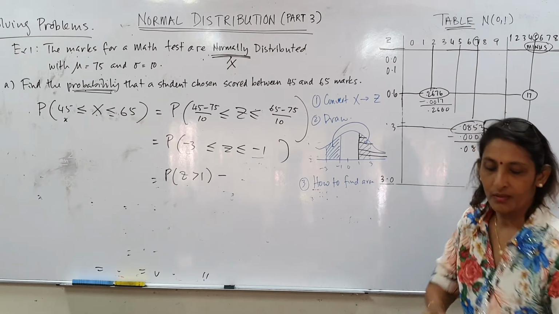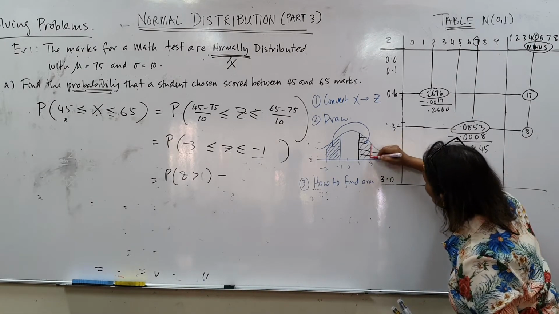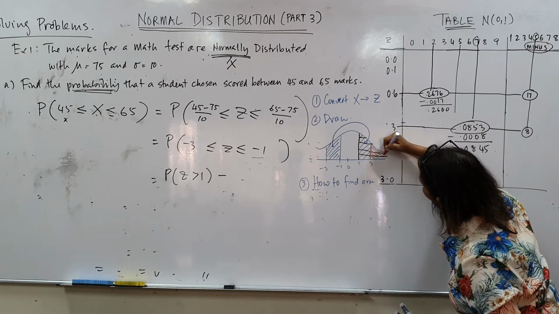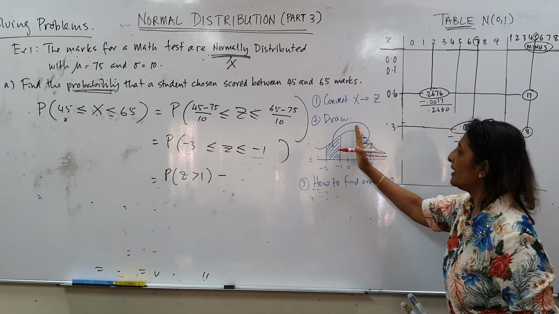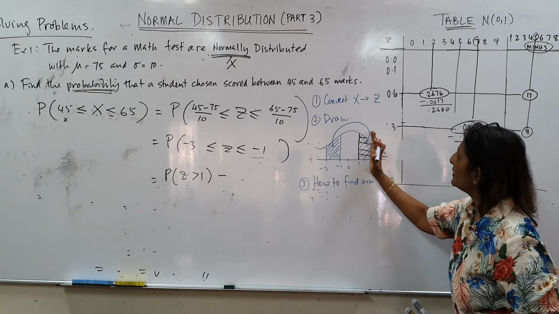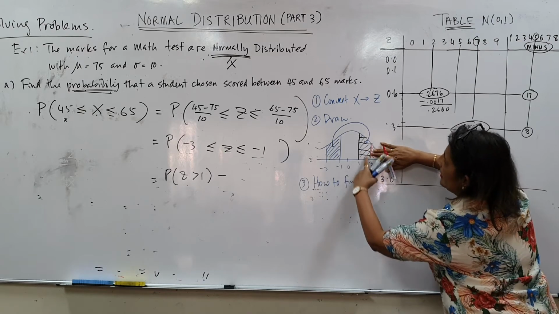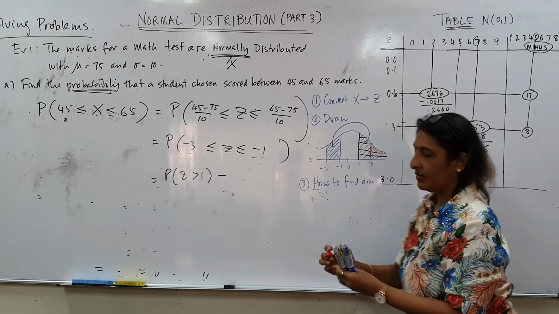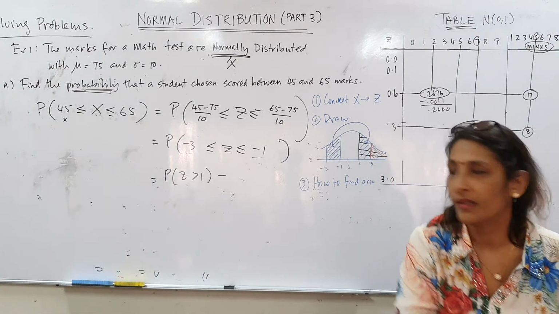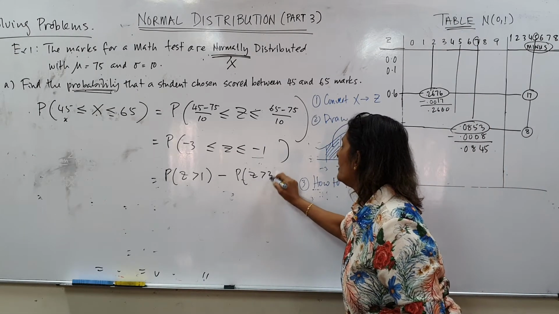You have to minus this side from 3. From Z more than 1 is all the way to the end, minus Z more than 3. Then I will get this area that I want. So you put minus Z more than 3.